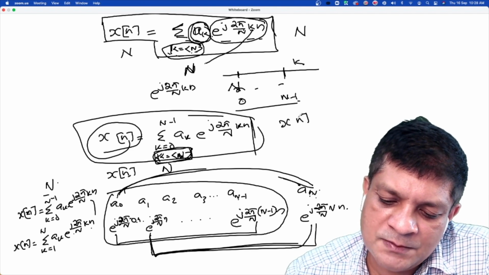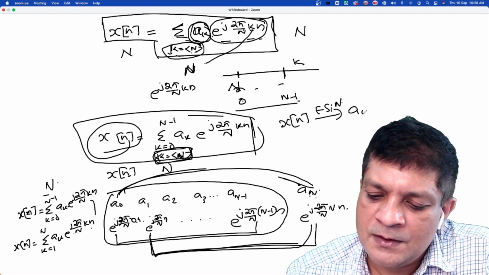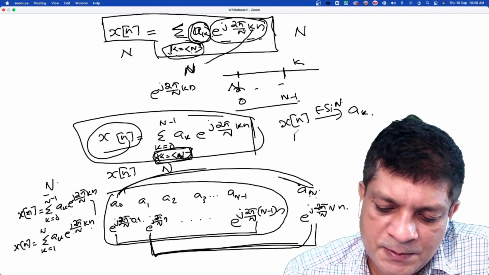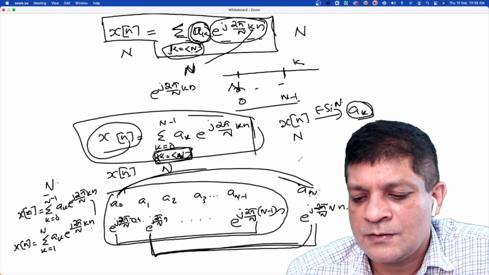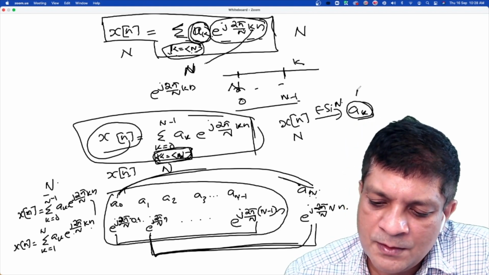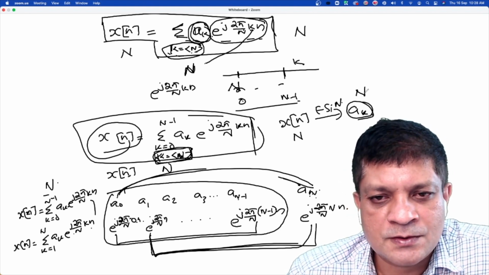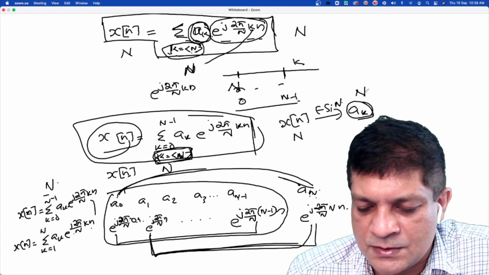For a discrete time periodic signal x[n], with Fourier series with respect to a period N, let's say we denote the Fourier series coefficients by a_k. The signal is periodic with period N. What about the Fourier series coefficients? They are also periodic with period N. That is a difference between continuous time Fourier series and discrete time Fourier series.